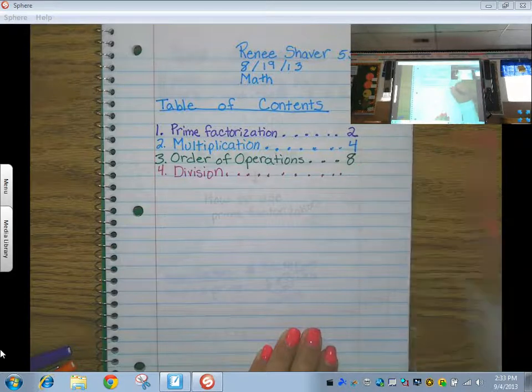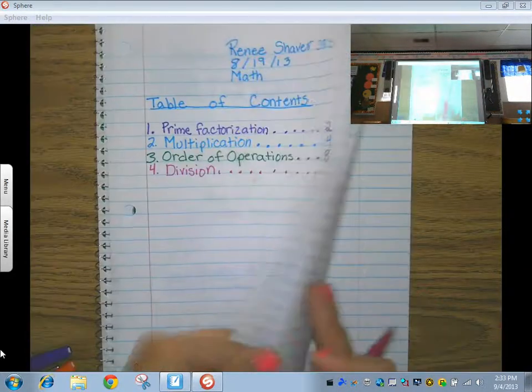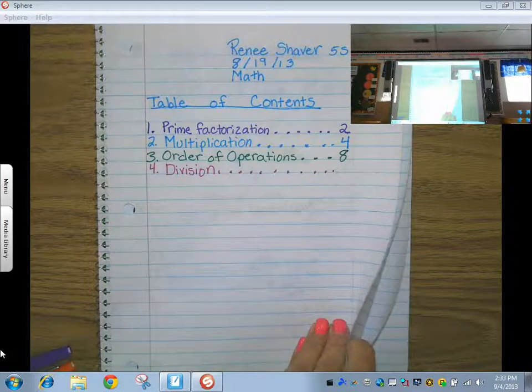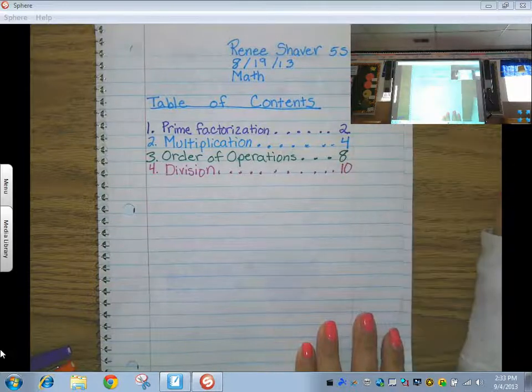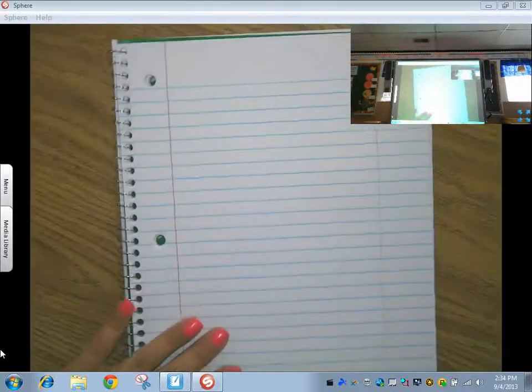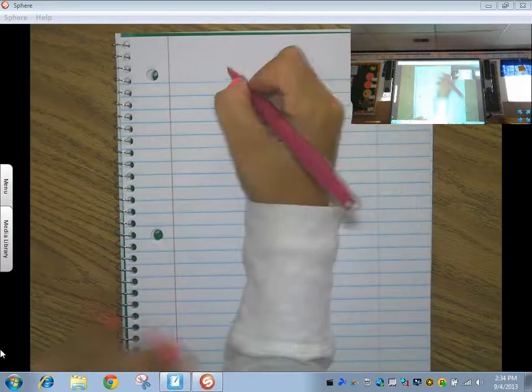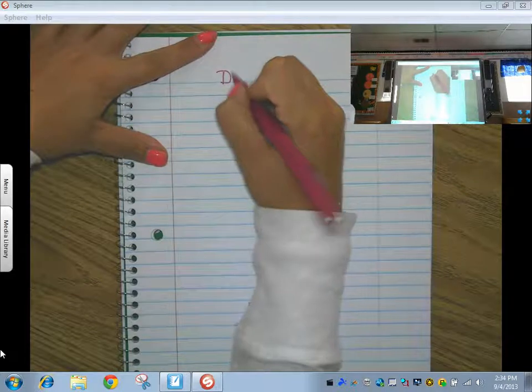My next page is 10. So you can put a 10 and then turn to page 10. Title it Division. Yours might be a different page number. It depends on if you took up as much room as me. We've talked about that.